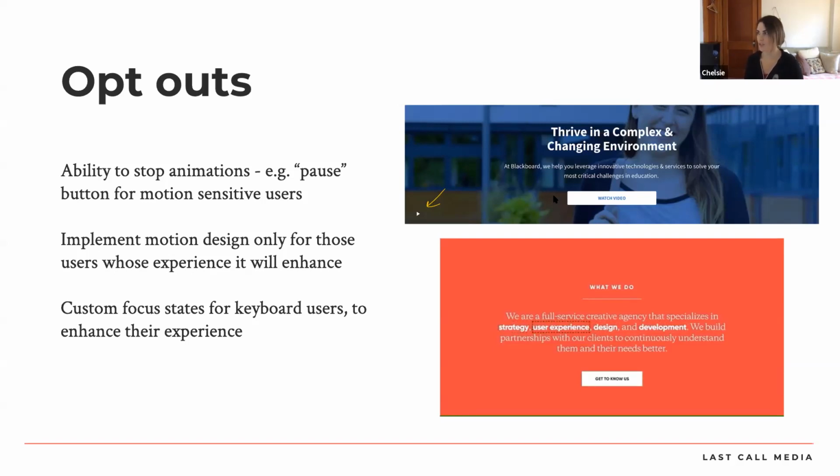And certainly this is a trend, especially in corporate sites. But that made us a little bit nervous in terms of taking control away from the user. And we wanted to be sensitive to people who, for whatever reason, don't want that to happen. So we created a pause button and a play button. You can see this little arrow down here on the left would stop and start the video in the background.